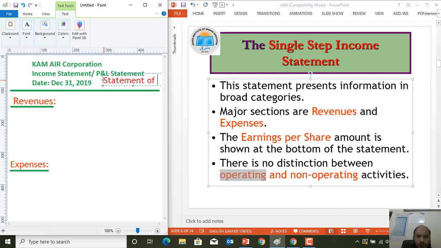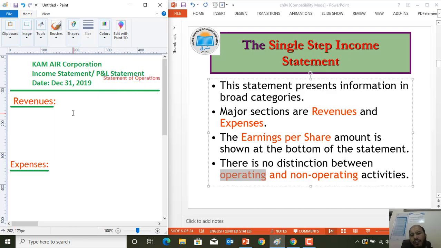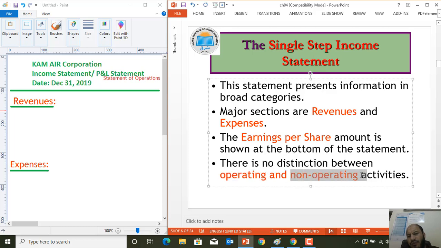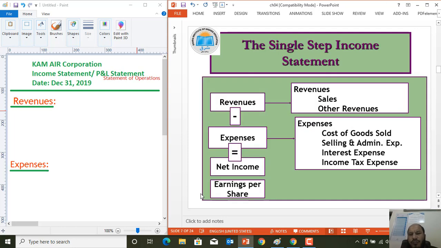So this statement of operations tells us about the operations of the company. So dear students, here there is no difference between operating activities and non-operating activities. Now you may ask, what are operating activities and what are non-operating activities? So we will discuss this in the upcoming slide in multiple step income statement.